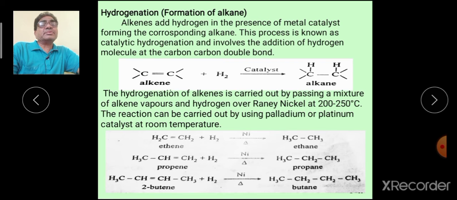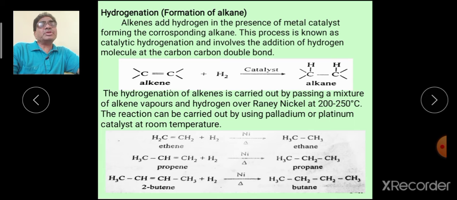Then next one is hydrogenation, that is formation of saturated compound alkane. Now these alkenes add hydrogen in the presence of metal catalyst forming the corresponding alkane.